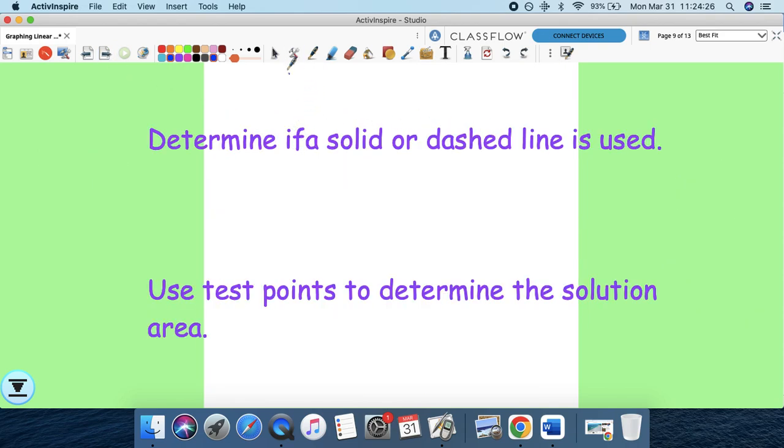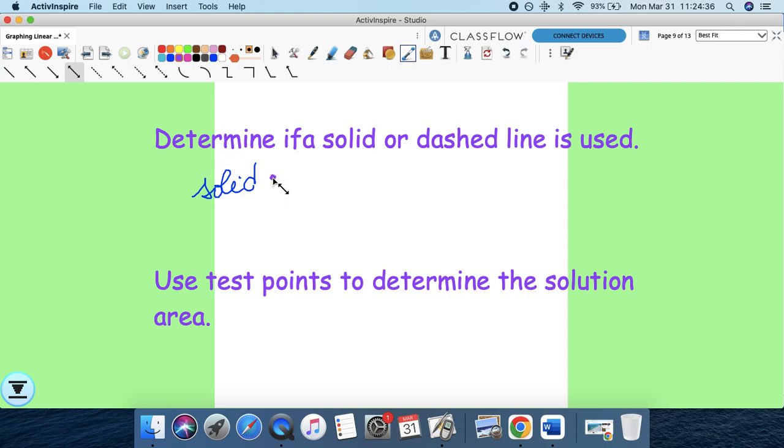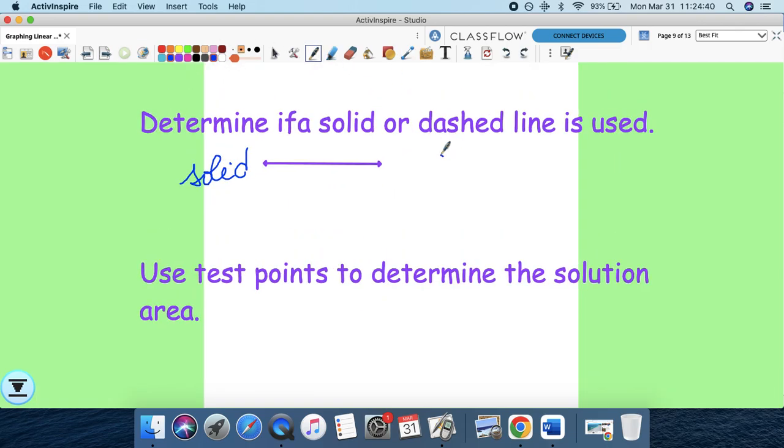Okay, let's summarize. Determine if a solid or dashed line is used. Well, if you're going to use a solid line, and that looks like this, your inequalities are going to be greater than or equal to or less than or equal to.